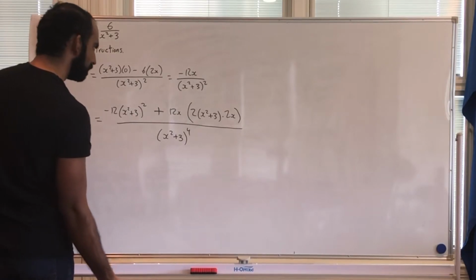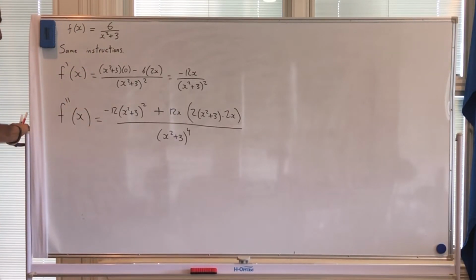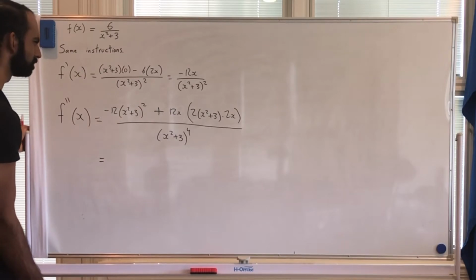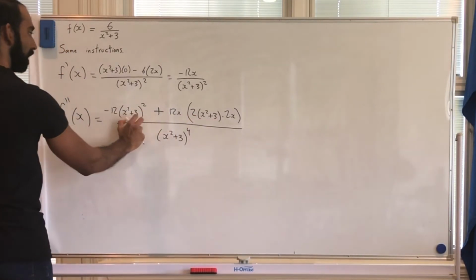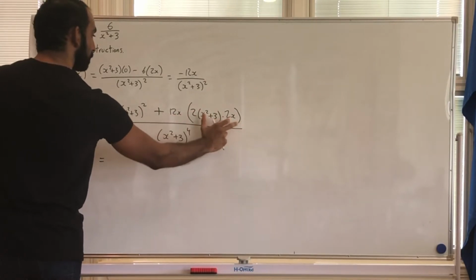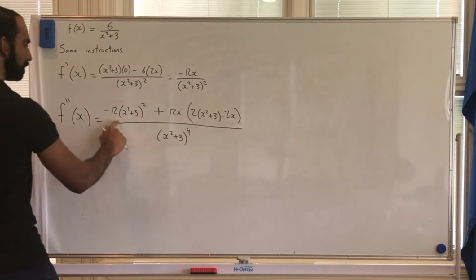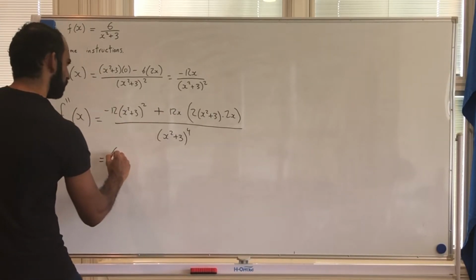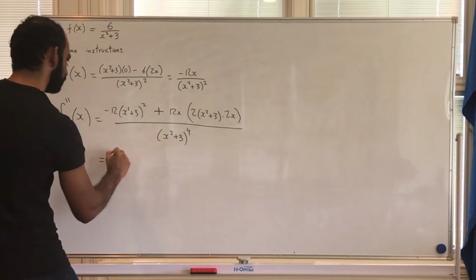You can divide both sides by x squared plus 3, or I'm gonna factor out all the x squared plus 3 I can. So from the top, here I have an x squared plus 3 to the second. Here I have an x squared plus 3 to the first for the second term. So the number of x squared plus 3 that I have in common, just one.